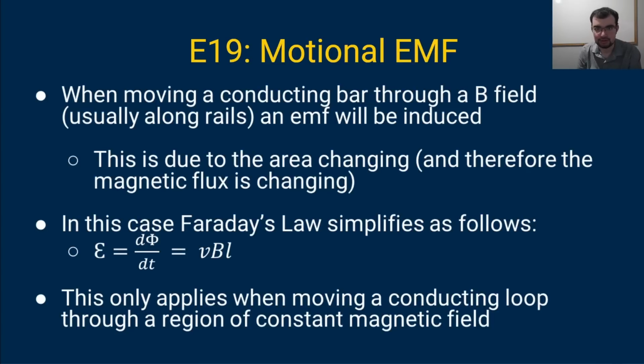My class calls this the VBL-Drizzy formula. This is also worth knowing. This is probably number 2 on that list of equations to know that aren't on the sheet. It's the motional EMF formula, vBL. It doesn't apply often, but there's a whole genre of problems where it's relevant, and that's your railgun-adjacent problems.